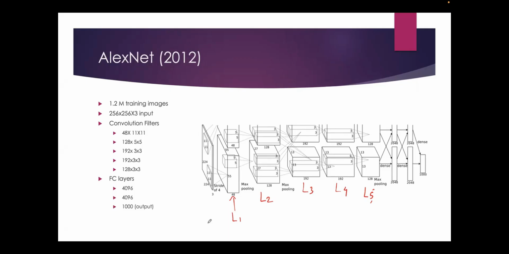In this particular network, they were trying to solve the problem of object recognition. There were 1,000 object classes in this data set. Therefore, the output was of size 1,000, and each index of the output represented the probability of a particular object.